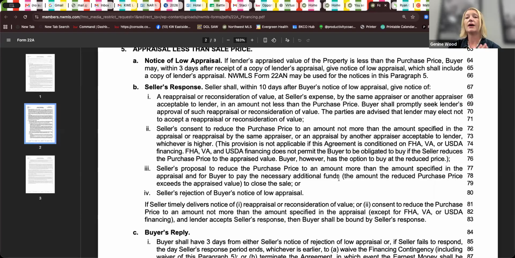Seller says, I will lower my purchase price to 475. Conventional has to agree and move forward. USDA, VA, and FHA do not have to agree to that. They can terminate the transaction. Only conventional, bridge loans, HELOC, those types of loans are the only ones that have to move forward.